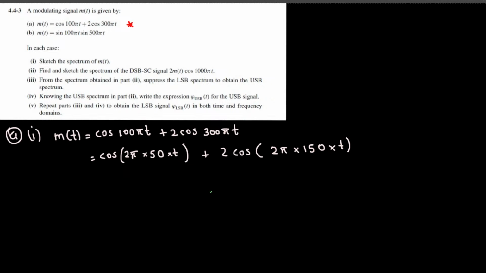If you draw the diagram, one component is at 50 and the other at 150, and each is positive and negative as well. We can mention fm1 is equal to 50 hertz, and fm2 is equal to 150 hertz. Based on that we can draw the diagram.